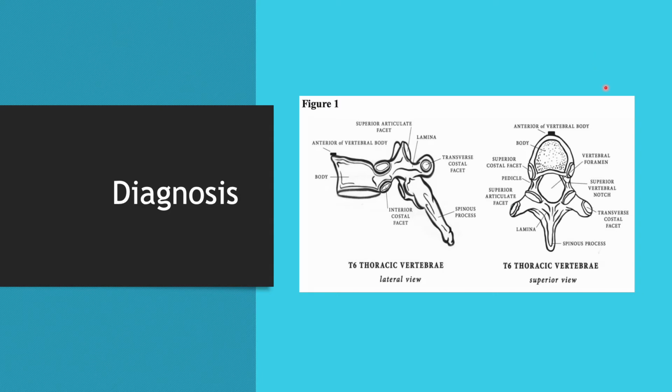The areas that we're using, for those of you who haven't looked at OMM in a long time, our reference point for determining the rotation and position of a vertebrae, be it cervical, lumbar, or thoracic, is the anterior superior aspect of the vertebrae. Okay, just as our reference point. The things that we're going to need for diagnosis are the transverse processes of the vertebrae, and then the spinous process.